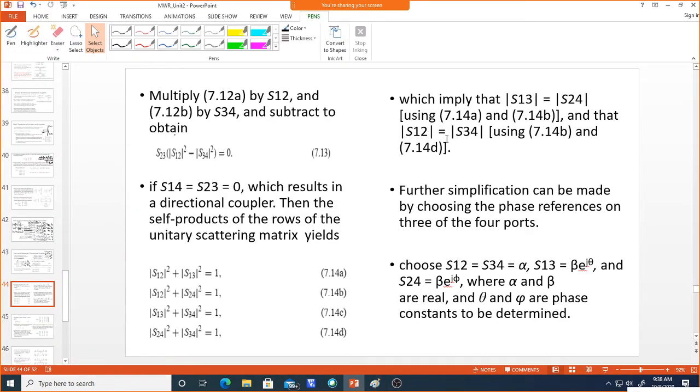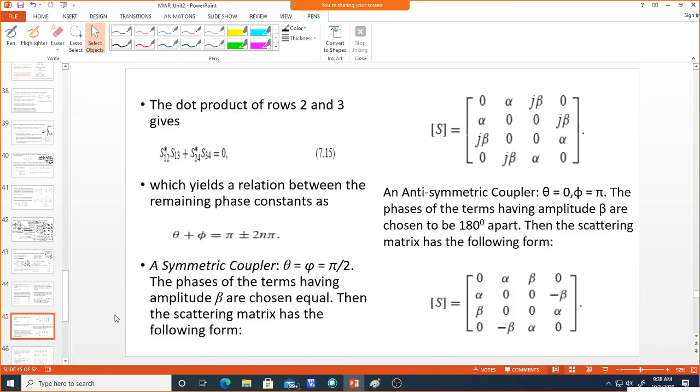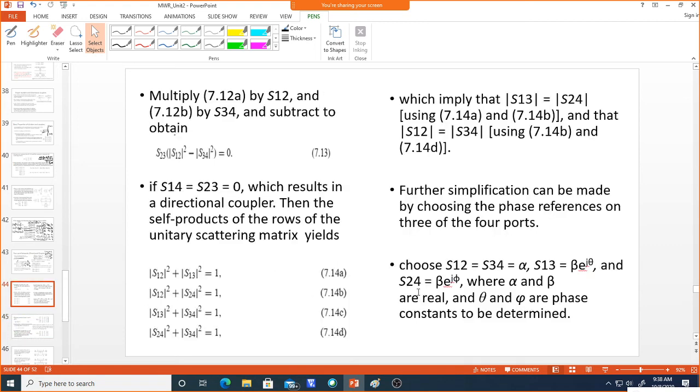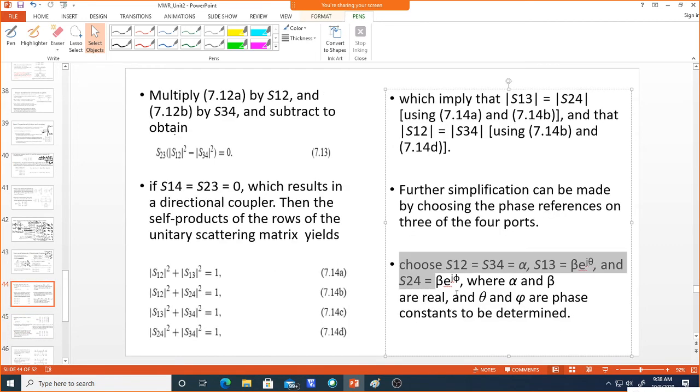Now if I put this equation, you will get the matrix as this one. Also, putting the dot product of rows 2 and 3 equal to 0 yields the relation between the phase components. So now if I choose the matrix elements like this, that is S12 and S34 have a magnitude, and S13 and S24 have a magnitude.